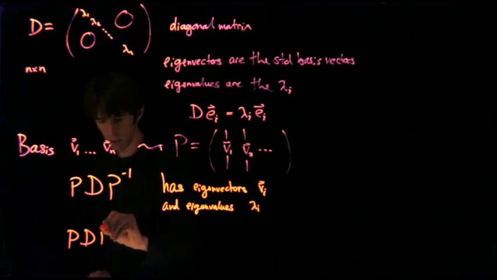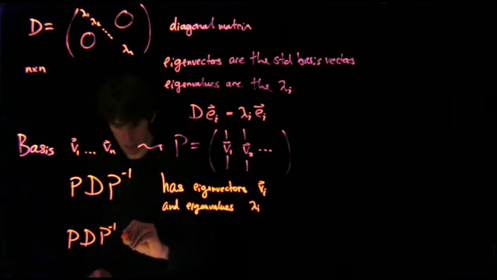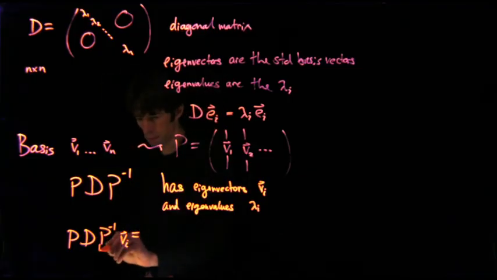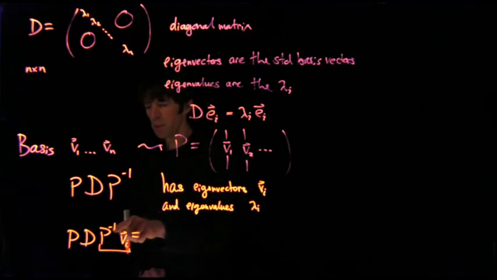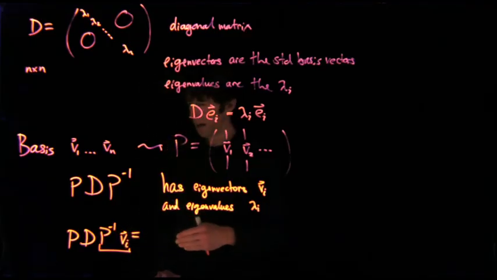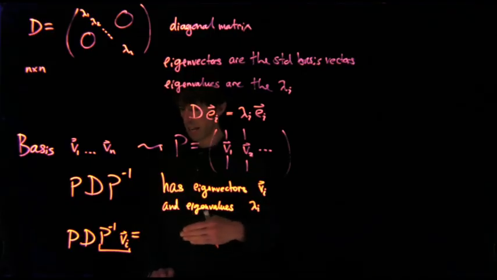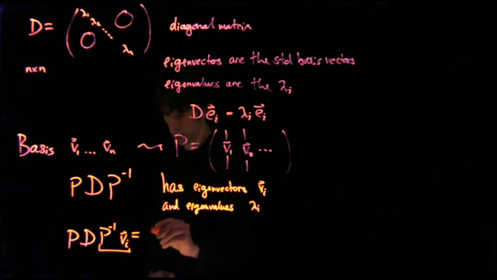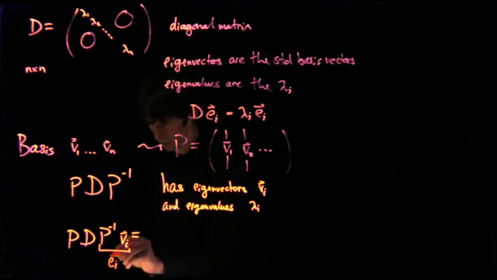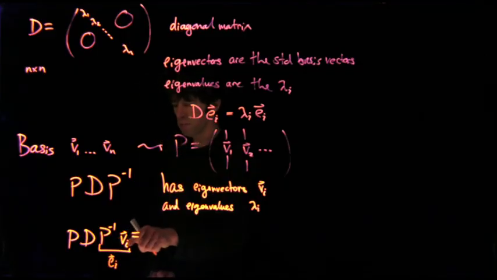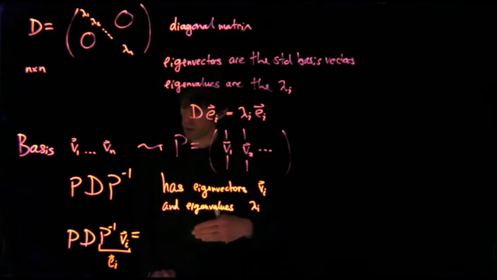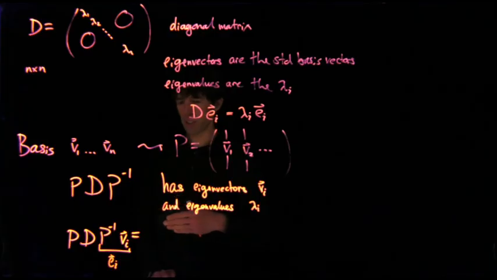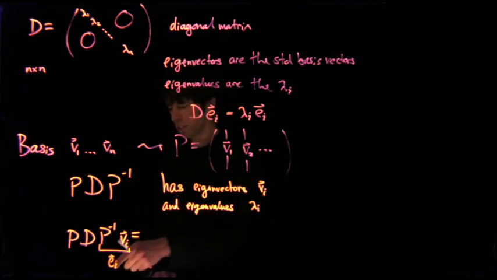P D P inverse times a vector v_i is going to be equal to, well, if I do this first multiplication, P inverse converts from the standard basis to the v basis. So this converts the vector v_i into the standard basis vector e_i. It tells us that v_i is a vector which, when written in terms of the v basis, has a coefficient of 1 in front of v_i and coefficients of 0 in front of all the other v's. So that's the vector e_i.